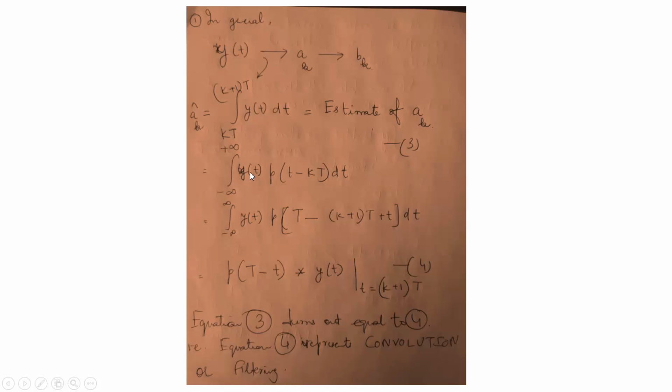So this is the received signal y(t). This is only one corresponding to one symbol period. But if we are trying to estimate from all the symbol periods in terms of a complete waveform, it will be the integral from minus infinity to plus infinity of y(t) p(t minus kT).